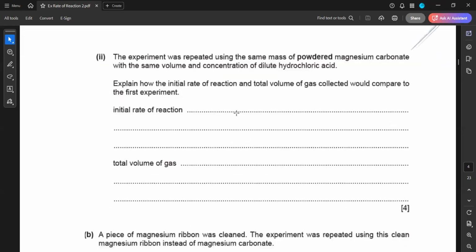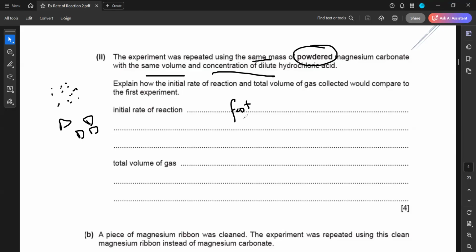For the previous question, we used a powdered reactant, but we used the same mass, same concentration, same volume. The only difference was the powdered reactant. So what will be the effect of the powdered reactant? The powdered reactant will have a large surface area compared to large pieces of the reactant. With a large surface area, the reaction will be fast, or the rate will increase.